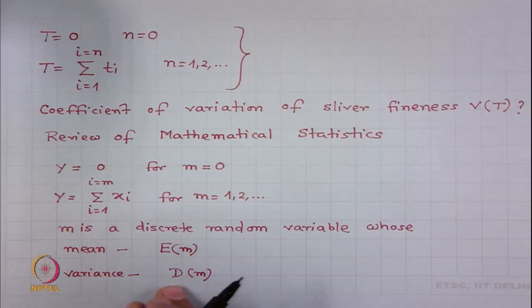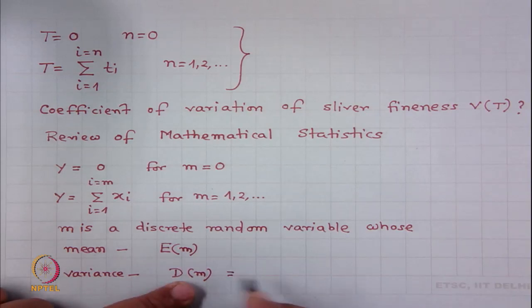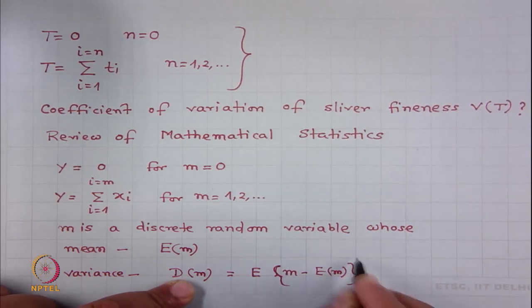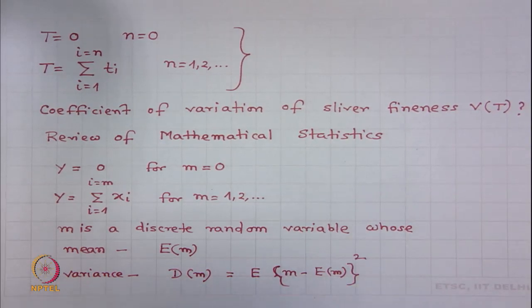D stands for the operator for variance, and we know variance is related by this. So, this is the definition for variance.